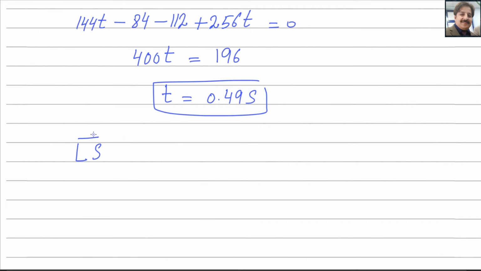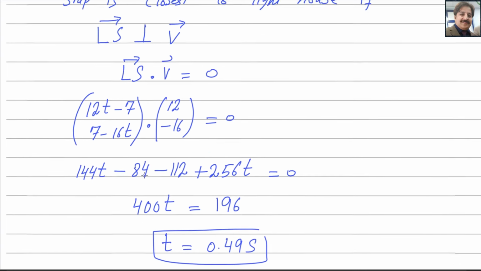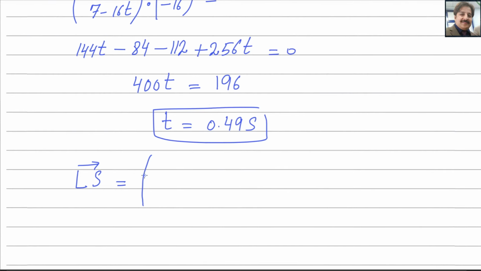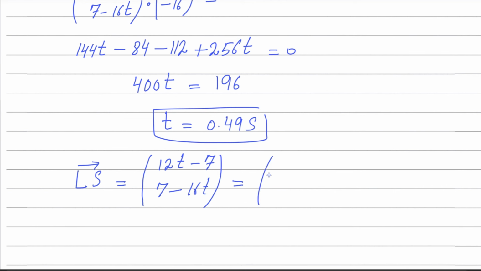LS vector is equal to 12t minus 7 and 7 minus 16t. Now plug in the values: 12 into 0.49 minus 7, and 7 minus 16 into 0.49.